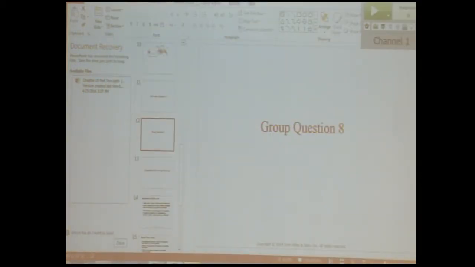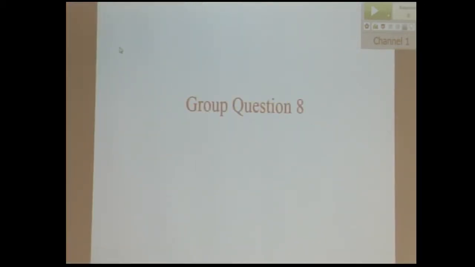All right. So, actually, the main thing we had to work on is group question number 8 on your worksheet from part 2. This will be a really good exam review for you. It's to compare sympathetic versus parasympathetic. I've got you a nice little table to fill in.